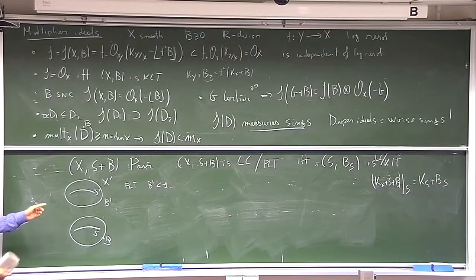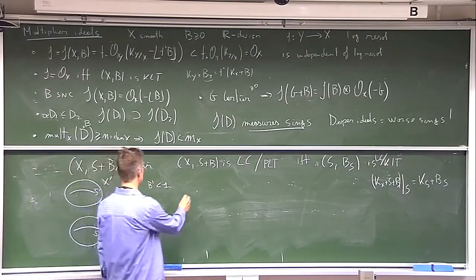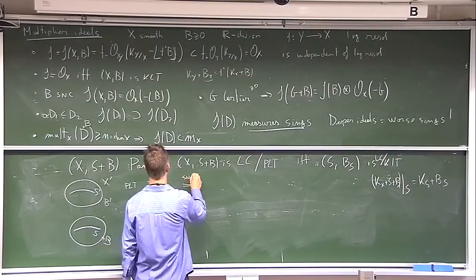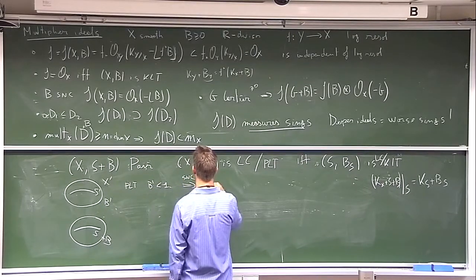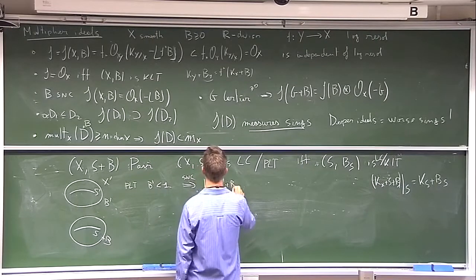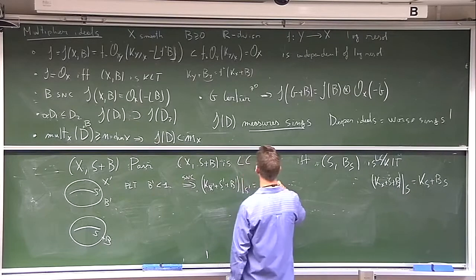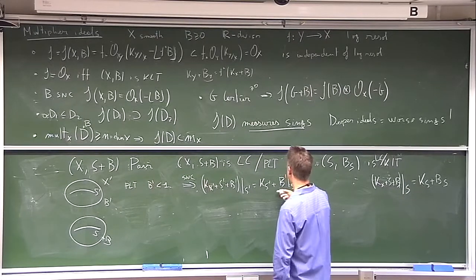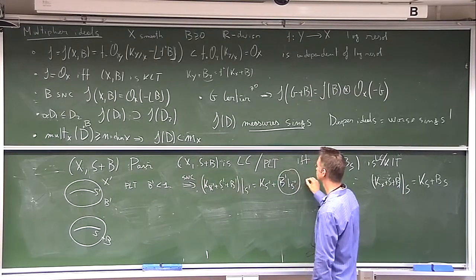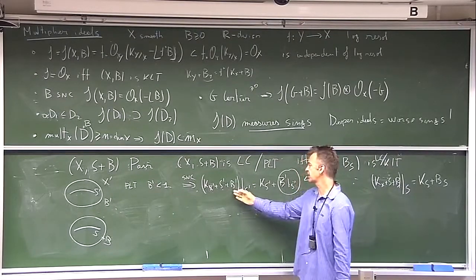But when I restrict to S prime, since we are in the simple normal crossing situation upstairs, K_X' plus S' plus B' restricted to S' is of the form K_S' plus some divisor. It's B' restricted to S'. It's simple normal crossing, so these coefficients are also less than 1. They're the same coefficients, we just forget about those components that do not intersect S'.